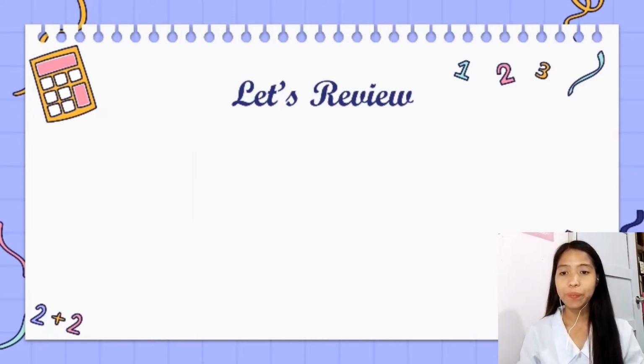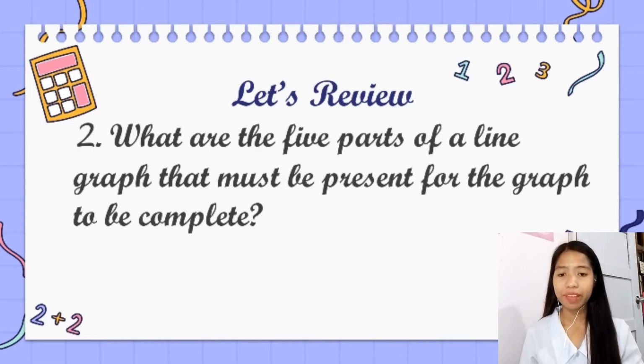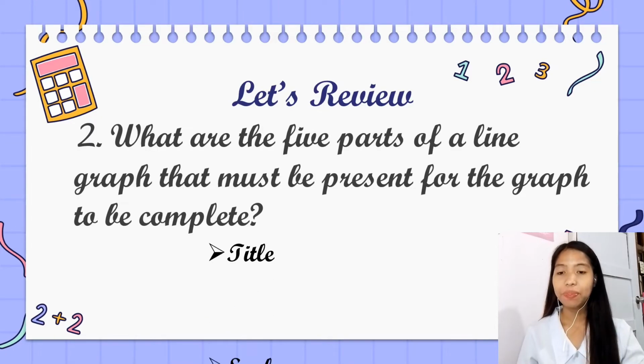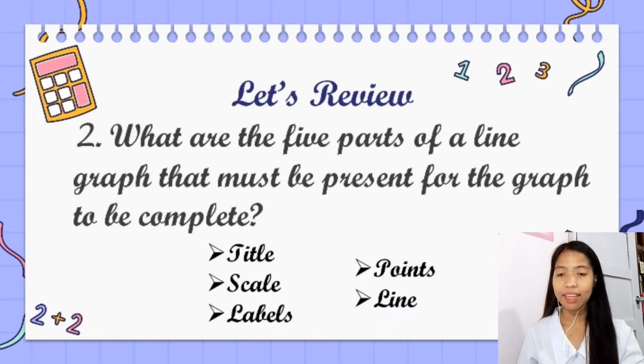Number 2, what are the 5 parts of a line graph that must be present for the graph to be complete? Okay, very good. The 5 parts of a line graph that must be present for the graph to be complete are title, scale, labels, points, and line.